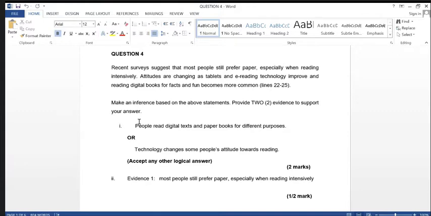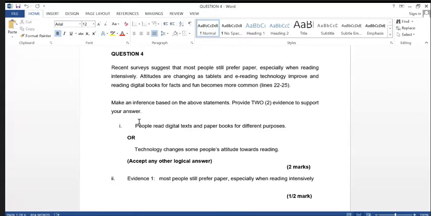So what can we conclude that, for example? One is about people's preferences, the first sentence. If we look at the second sentence, it is focusing on the attitude. Attitudes are changing as tablets and e-reading technology improve and reading digital books for facts and fun become more common.